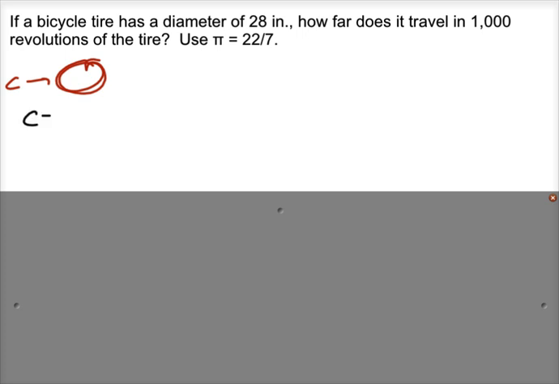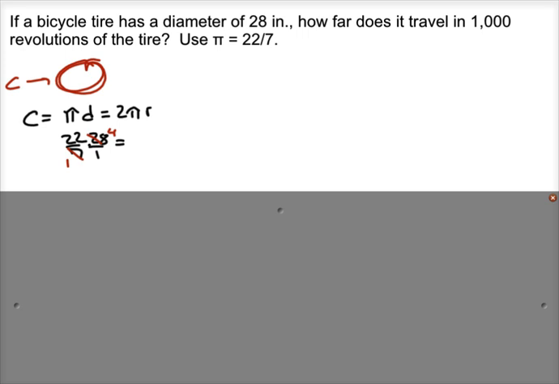I know circumference is pi times diameter, or 2 pi times the radius. In this case, they give us the diameter. So I'm going to use pi, in this case 22/7, and multiply that by the diameter of 28 inches. I notice that I can reduce here: 7 goes into 7 once and into 28 4 times.